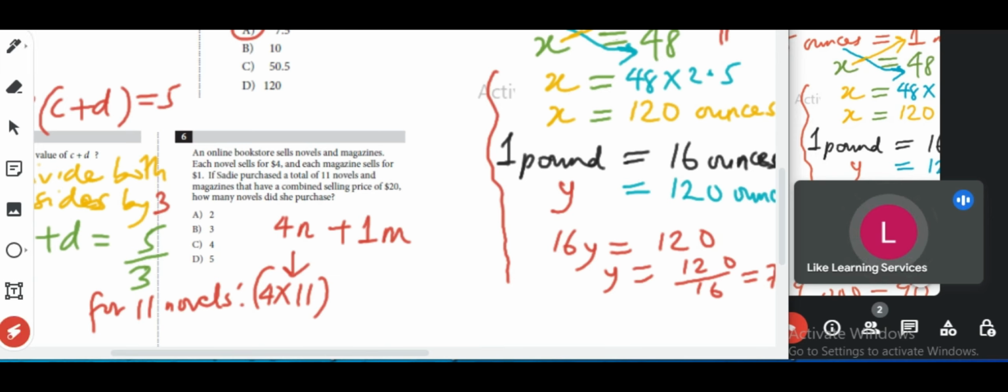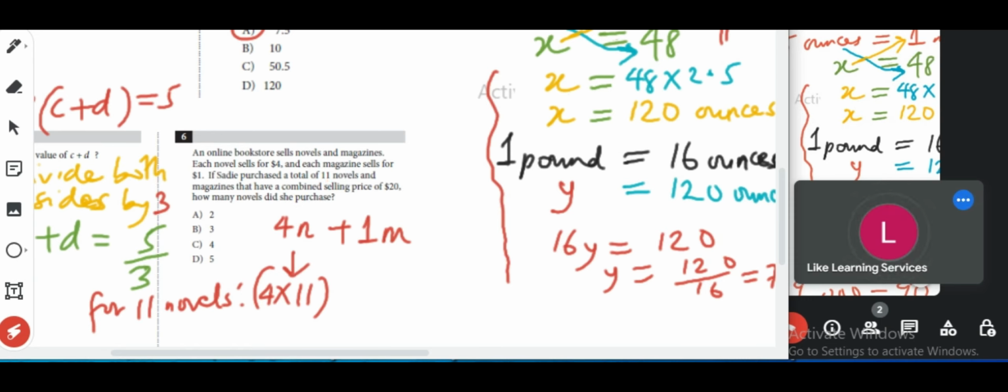And then it says that they have a combined selling price of 20. Oh, sorry, 11 novels and magazines.